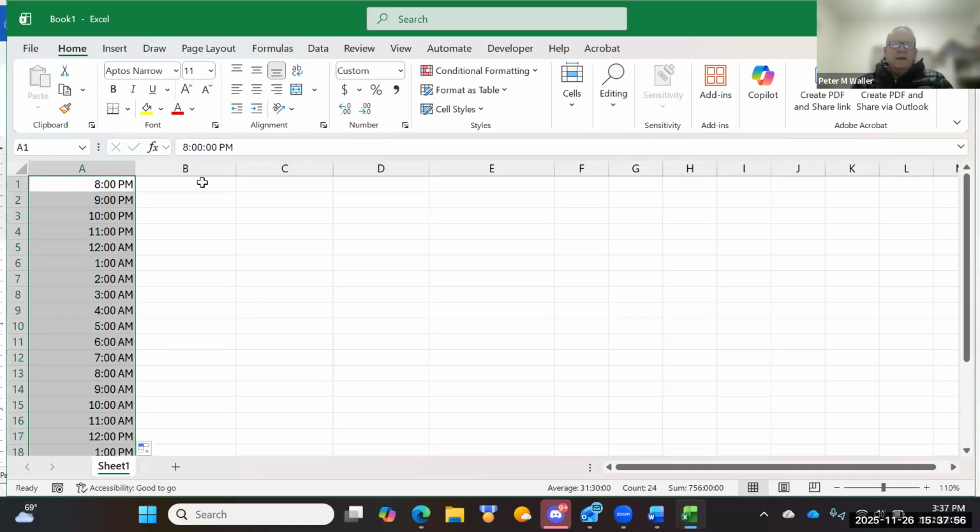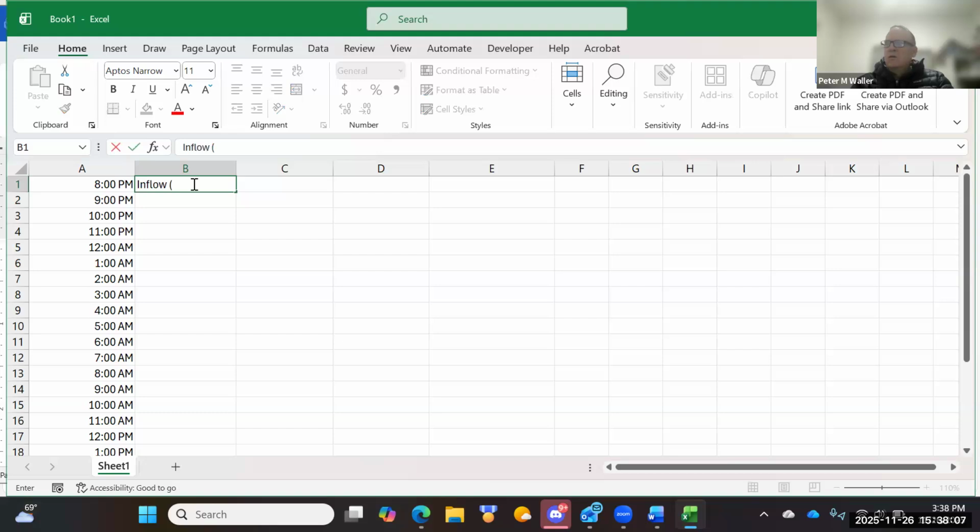Okay. And the first column is going to be our inflow, Q. So flow is often called Q. And that's going to be in gallons per minute.